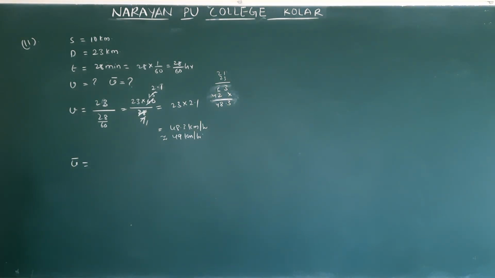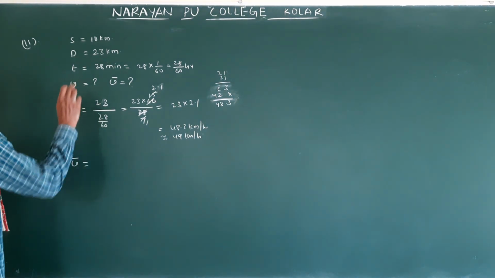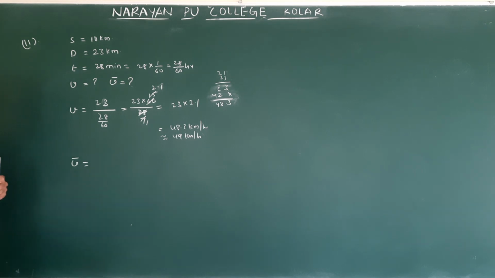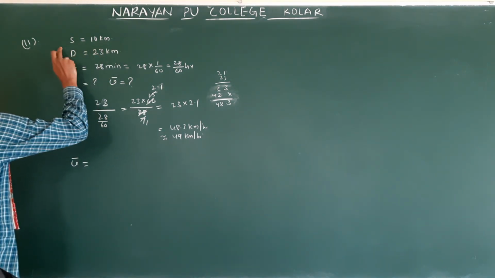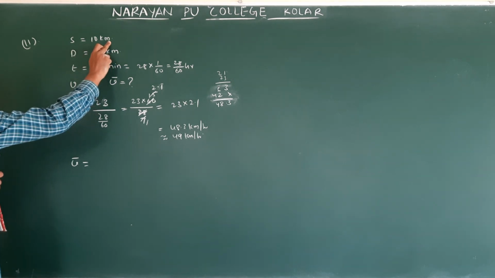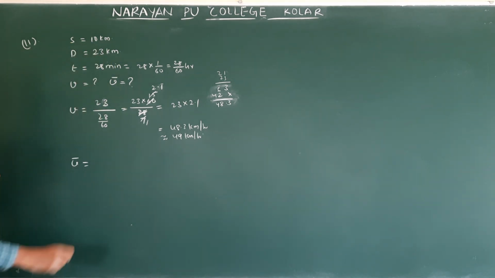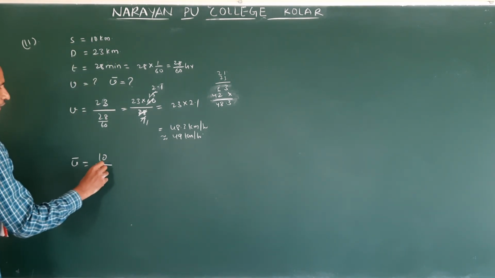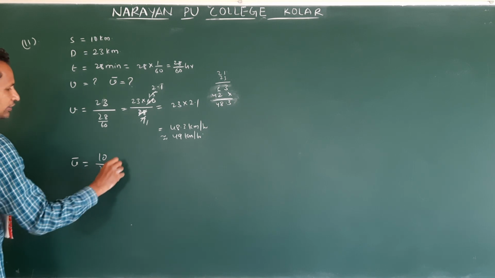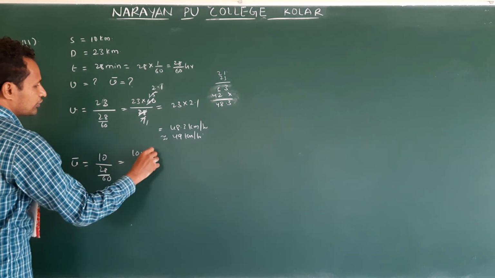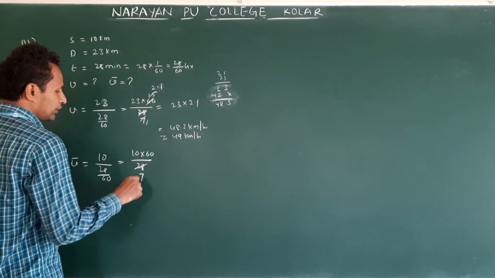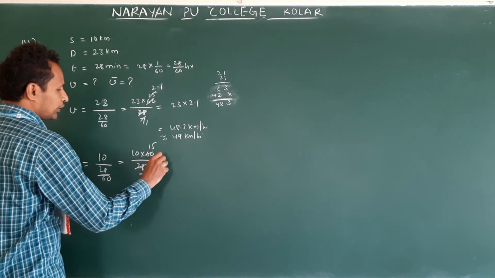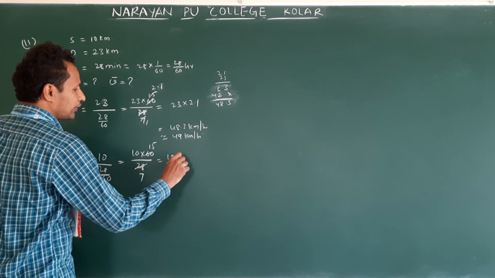Average velocity is what? Total displacement by total time taken. What is the actual path? The shortest path is what? 10 kilometers only, if we go straight. So 10 by 28 by 60, that is 10 into 60 by 28. Again 4 sevens are 28, 4 15. 150 by 7.